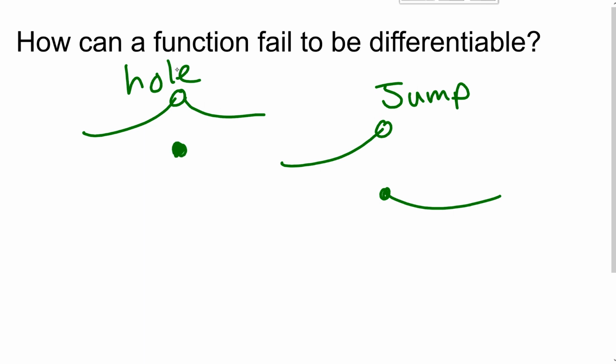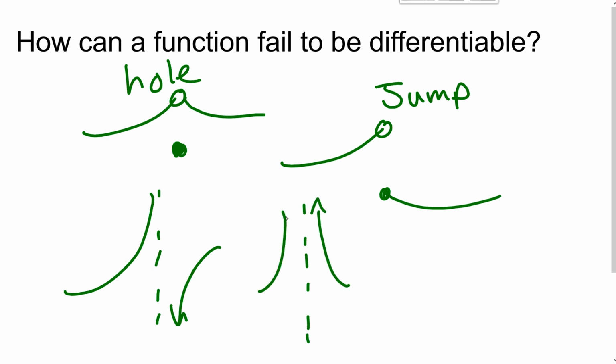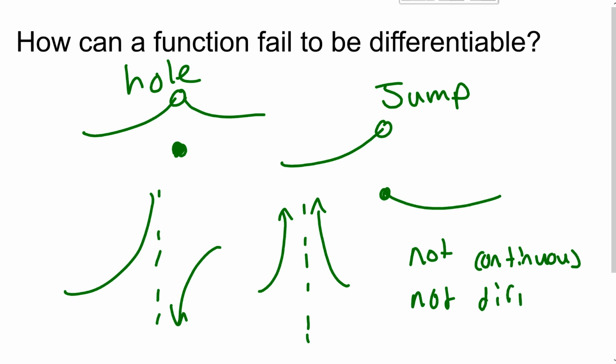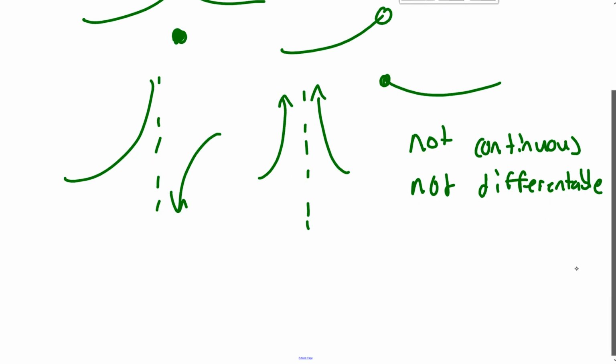So it's not continuous. Vertical asymptotes, like that, or you can go both ways. So these would be not continuous, so it's not differentiable. I keep spelling that wrong, but I'm not too worried about it. So if it's not continuous, it's not differentiable, right?